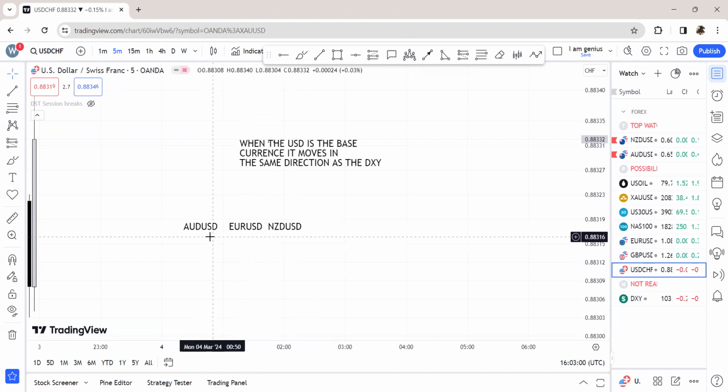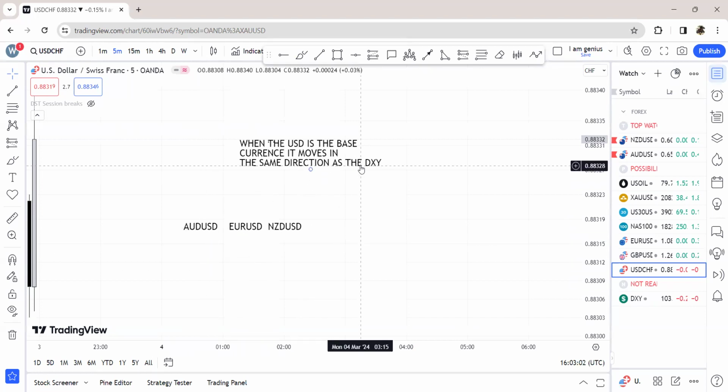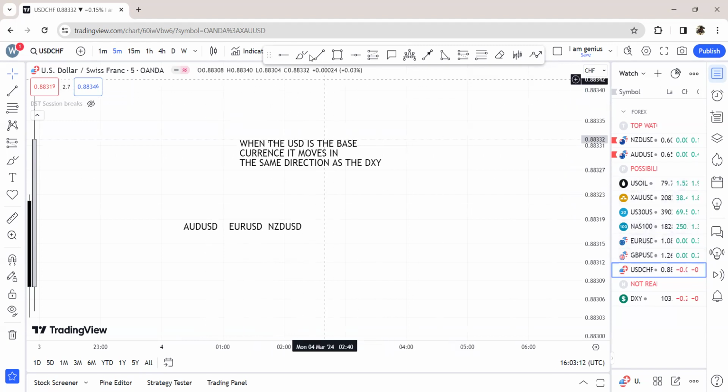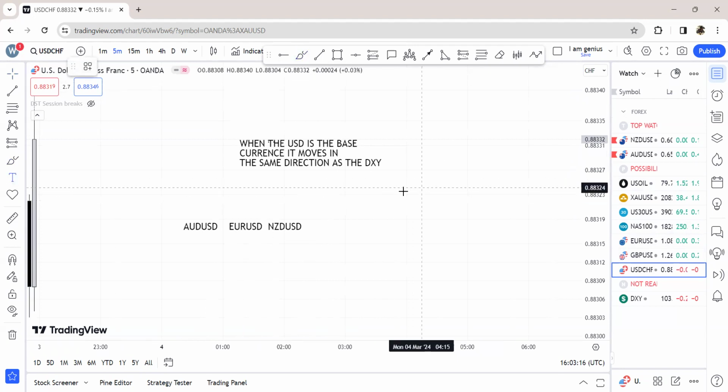When the US dollar is the base, the currencies such as USD CHF, now this will take time, I'll just write it here.